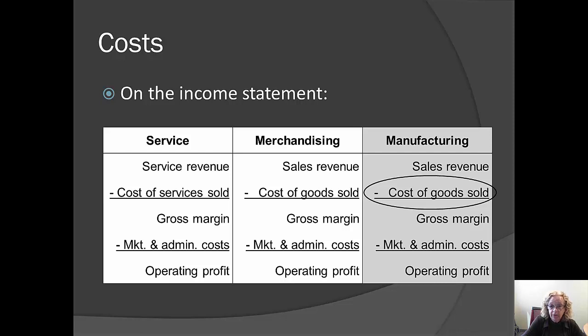By contrast, for a manufacturing firm, we're going to need to consider all of the materials, all of the labor, and all of the overhead that we need to put into the goods that we manufacture before we're ready to sell them to our customers. And we'll see how to do that later on. Once we have subtracted the cost of goods sold from sales revenue, we have our gross margin. Then we subtract out all of our marketing and administrative costs to get operating profit.